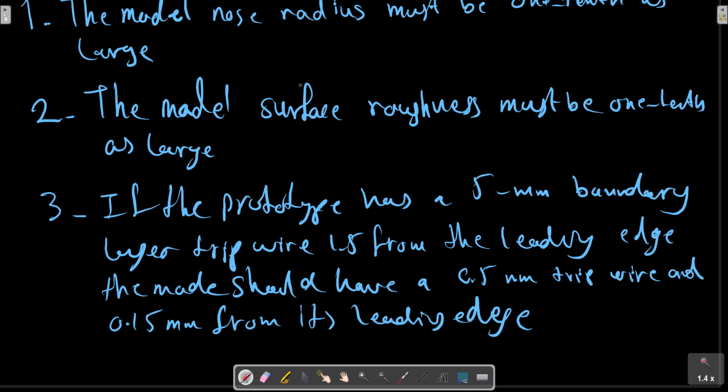And the last one for this example is four.